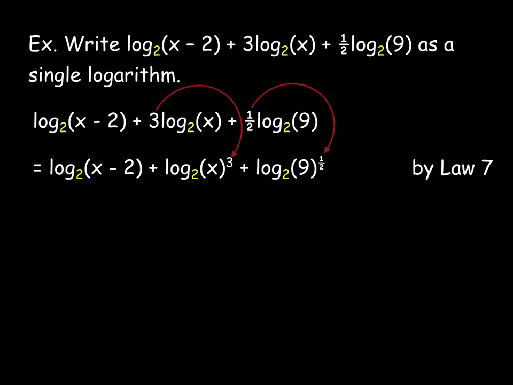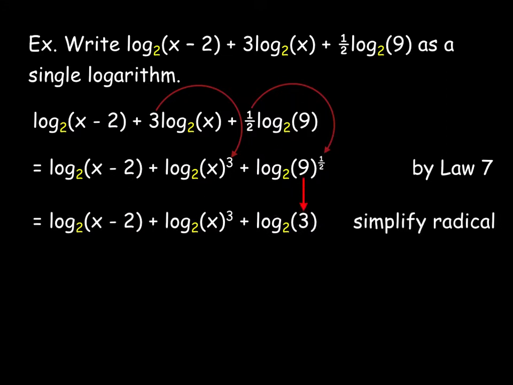We have log base 2 of x minus 2 plus log base 2 of x to the third power plus log base 2 of 9 to the 1/2 power. Next, we simplify the radical, that is, rewriting 9 to the 1/2 power, or the square root of 9, as 3.